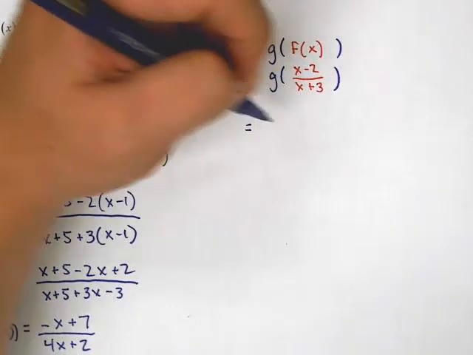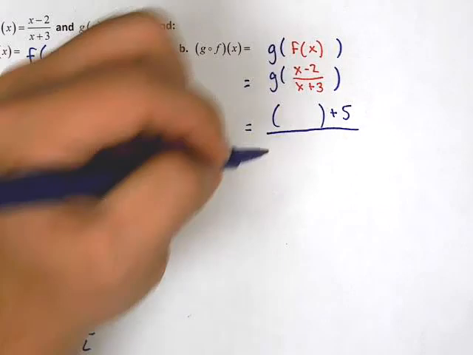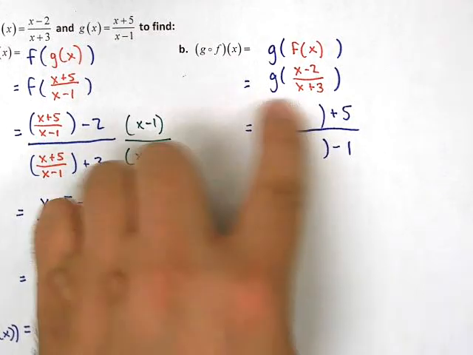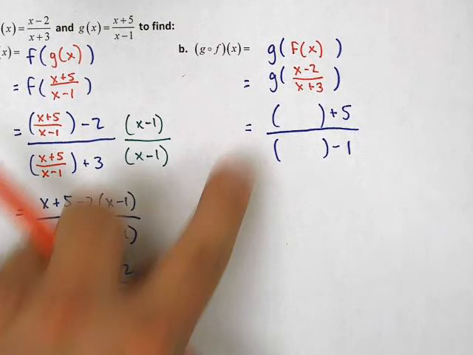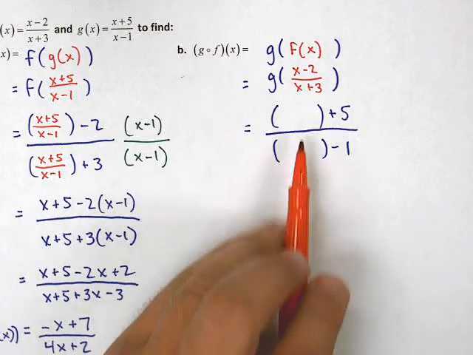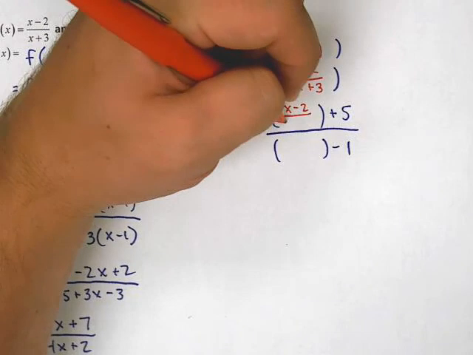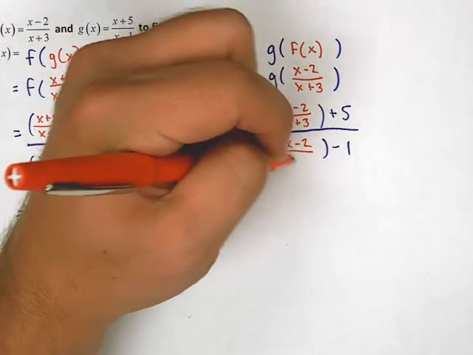So we write it input plus 5 over input minus 1. I really like seeing this. I feel like this is a surefire way to not make mistakes if you leave parentheses to help you out. So now that we know how it works with our inputs, we just actually put the inputs in. x minus 2, x plus 3, and same input, x minus 2, x plus 3.